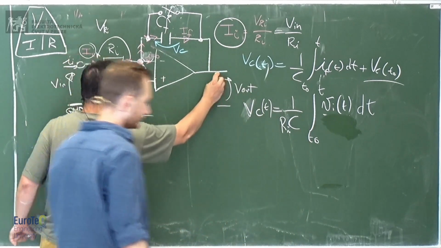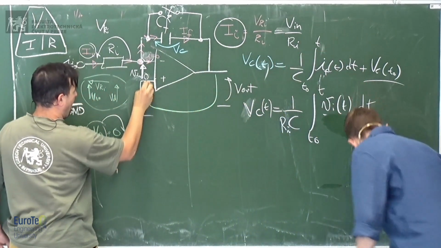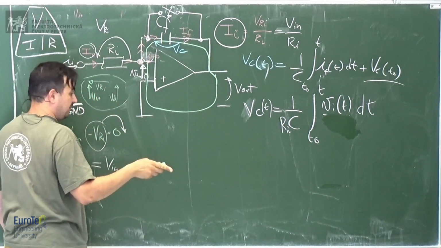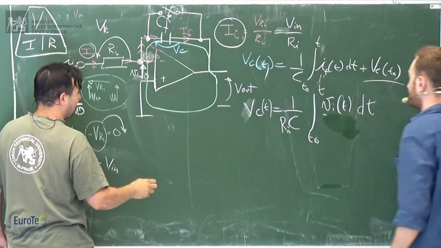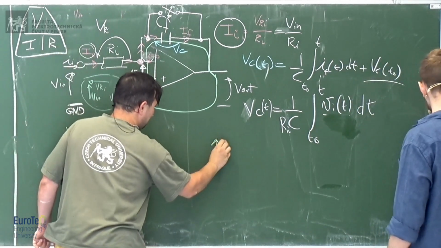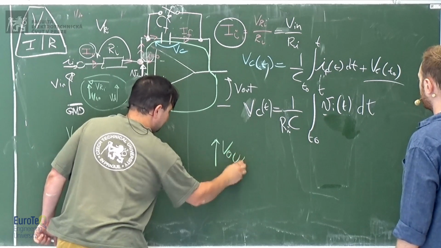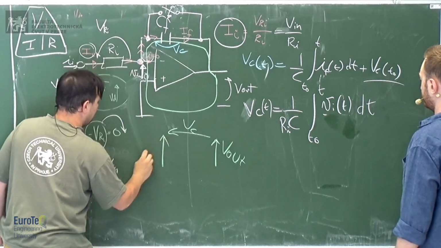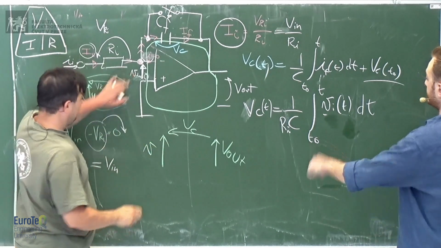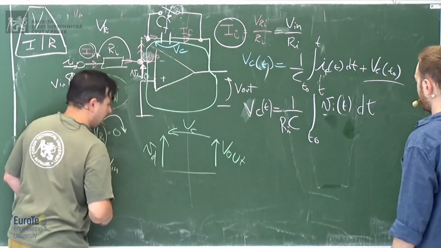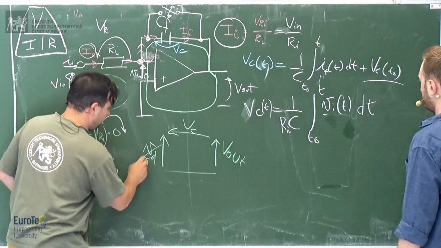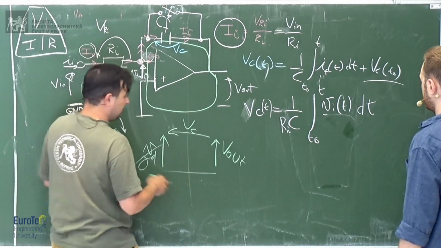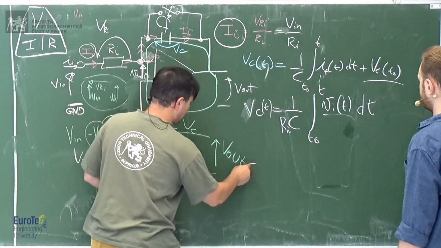If you take this loop, VD is 0, so it's 0 minus VC minus V out, which means that V out is equal to minus VC.